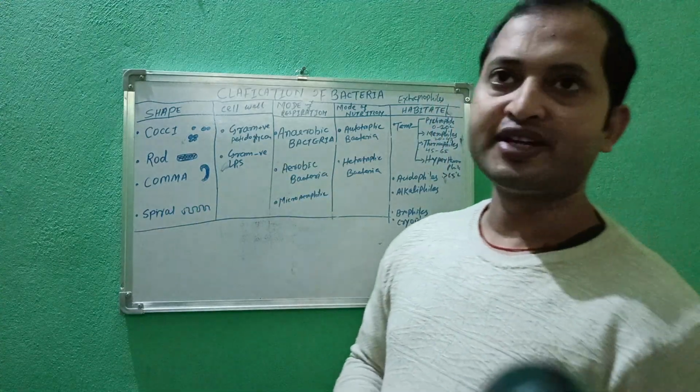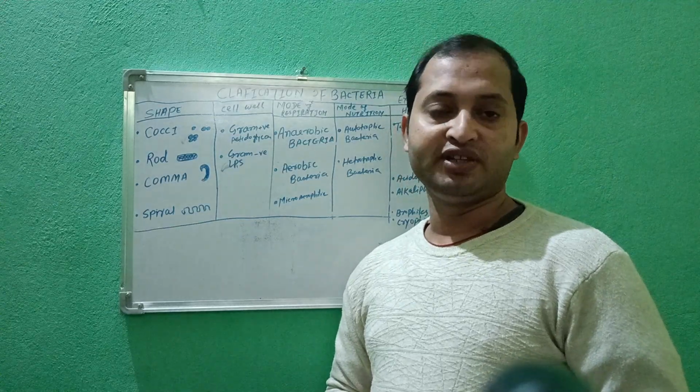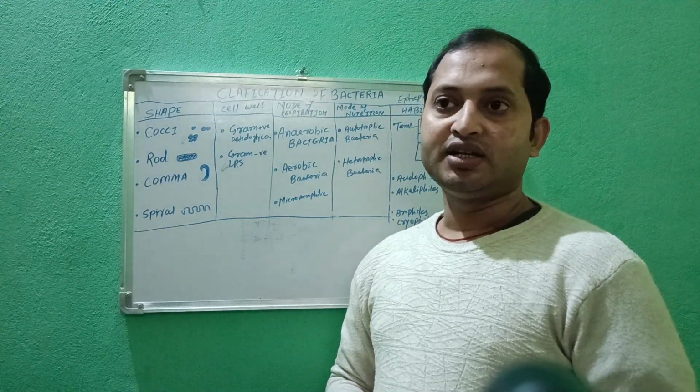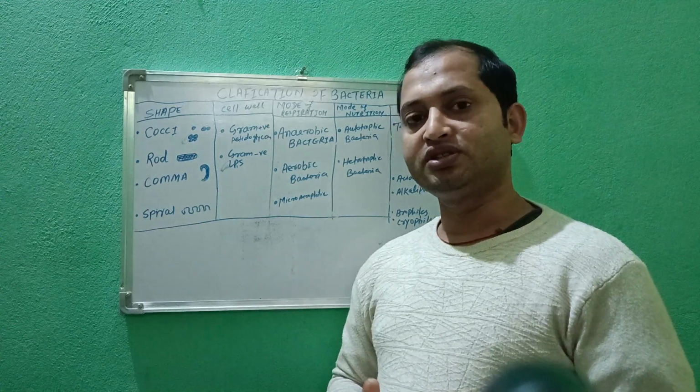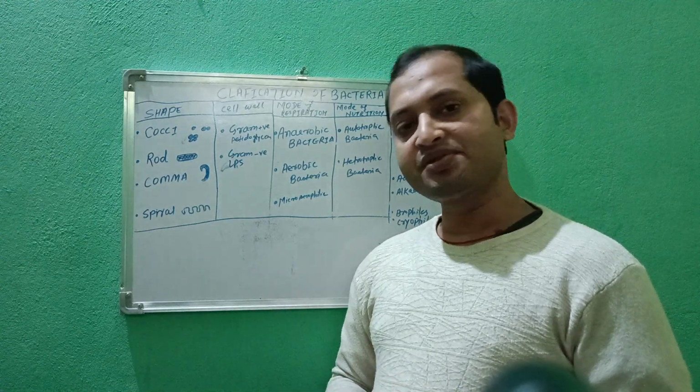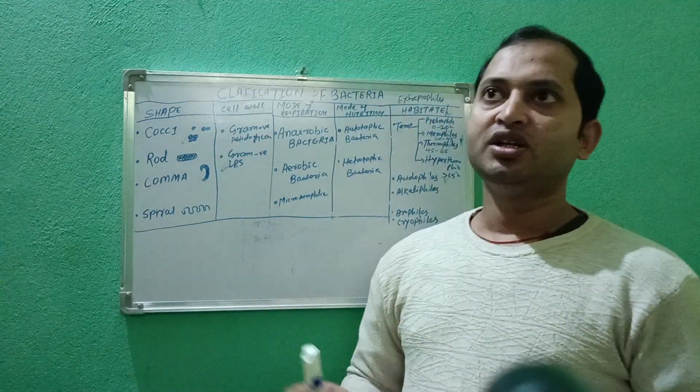Another is the mode of respiration. Respiration is very important for any living thing to survive, and I'm not going into detail because all life science students know about respiration.